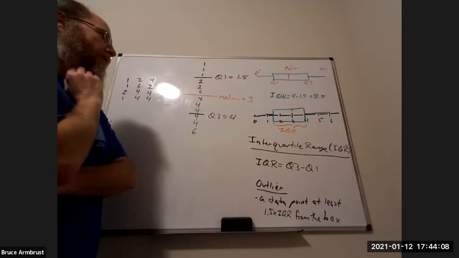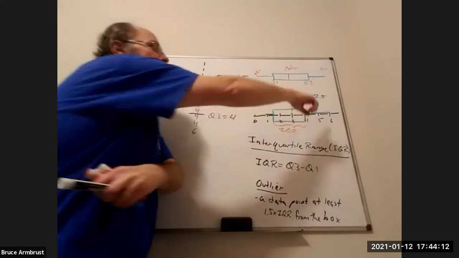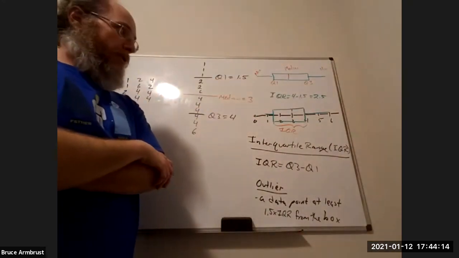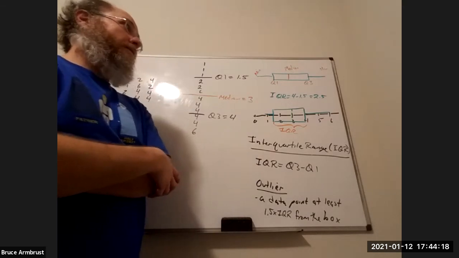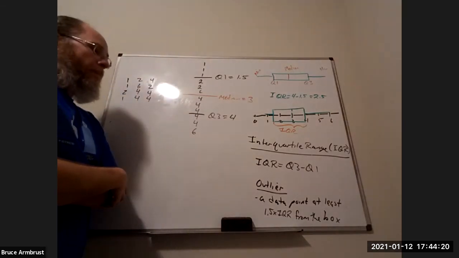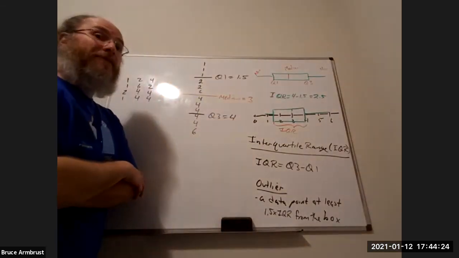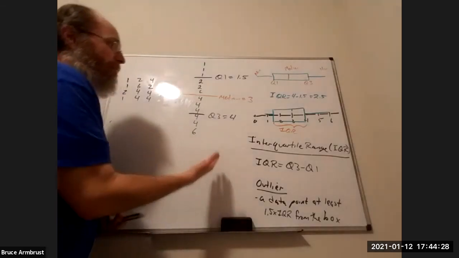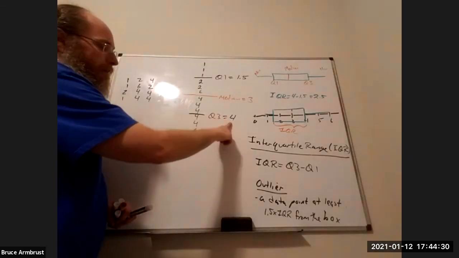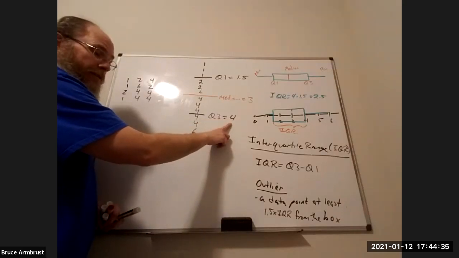So basically what you're looking for are any numbers that are more than 1.5 times this interquartile range from either the first or third quartile. So 1.5 times this would be 3.75. So an outlier would be something that's more than 3.75 away from 4.